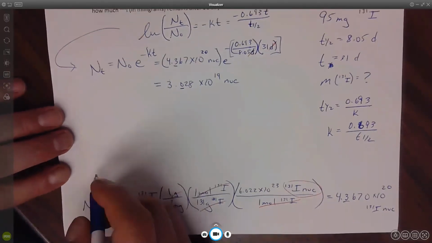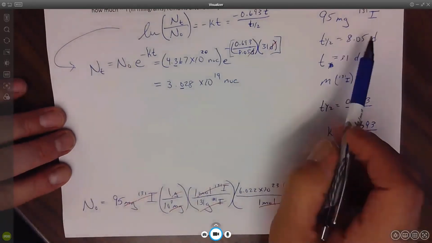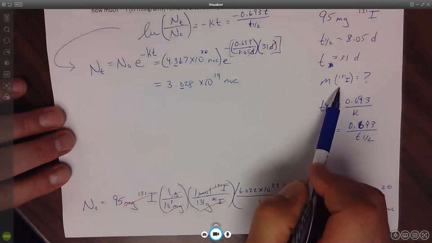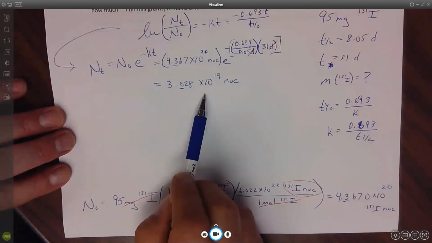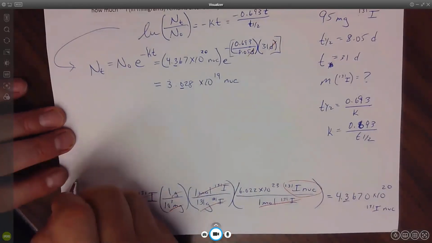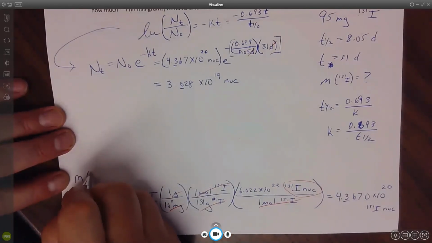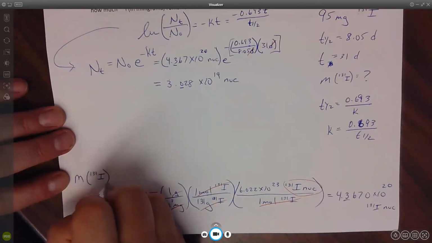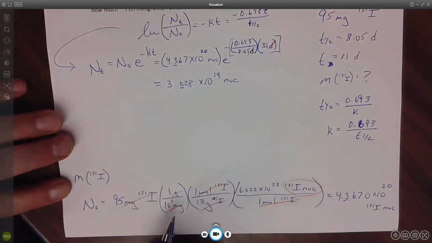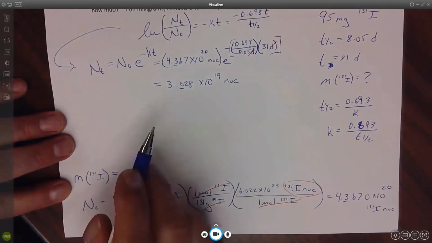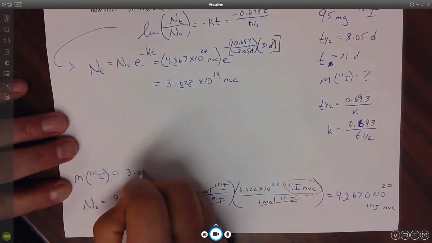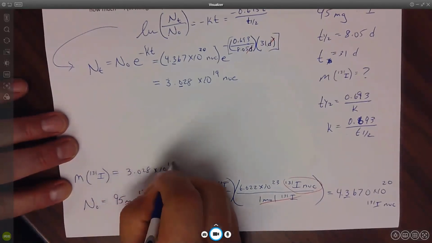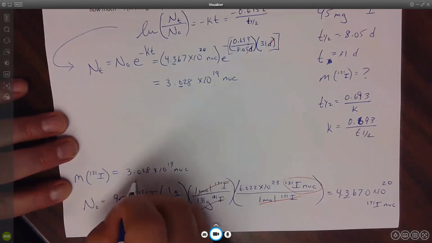And then to get back to the mass, right, because it wanted this in terms of milligrams, the mass, not the number of nuclei. So now to get the mass of the iodine-131 left after 31 days, we'll start with the number of nuclei. So 3.028 times 10 to the 19 nuclei.